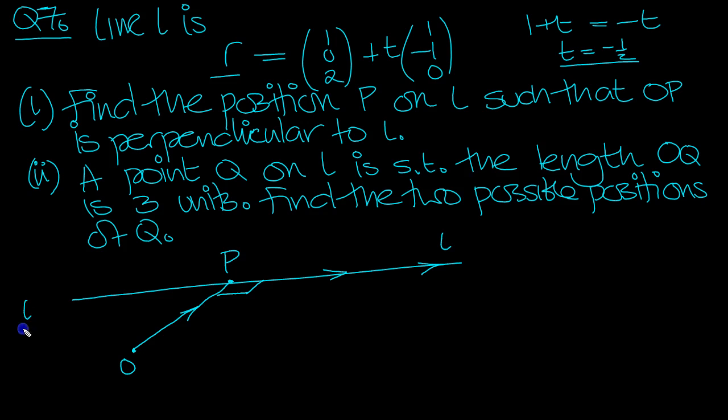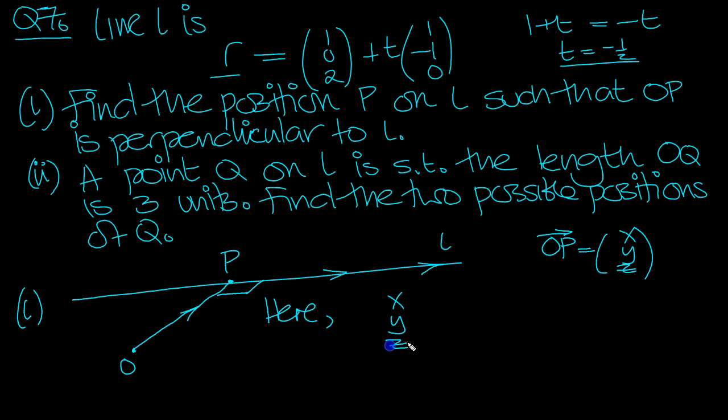So part 1, let's have a look at this. We'll let P be the position vector X, Y, Z. So the dot product of X, Y, Z, that vector, is perpendicular to this directional vector. So that dot product equals 0.